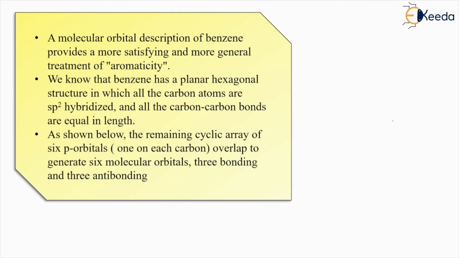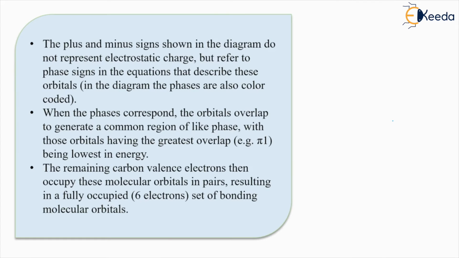As shown below, the remaining cyclic array of 6 p orbitals overlap in general, forming 3 bonding and 3 anti-bonding molecular orbitals. The plus and the minus signs which are shown in the diagram do not represent electrostatic charge, but refer to the phase of the wave equations. Of course, we have studied the in phase and out of phase, sigma and sigma star bonding and anti-bonding orbitals.